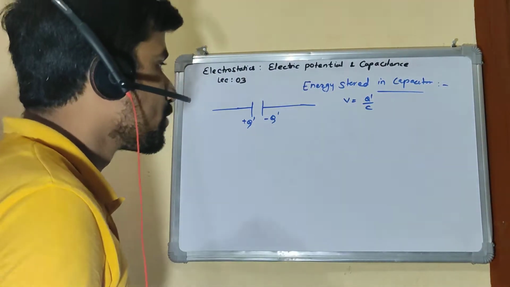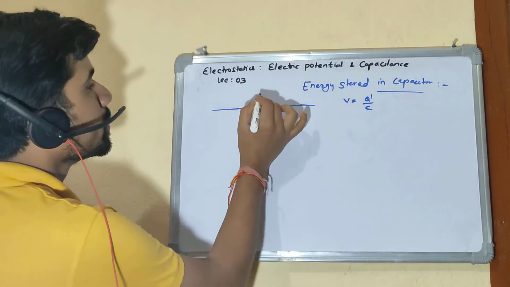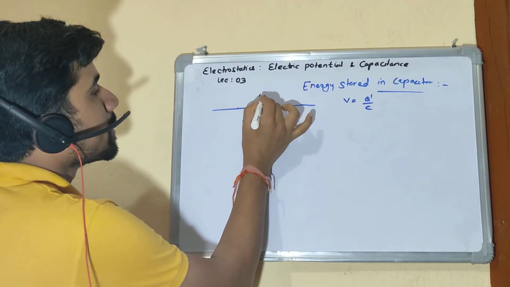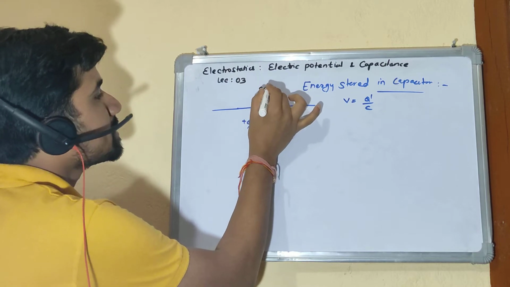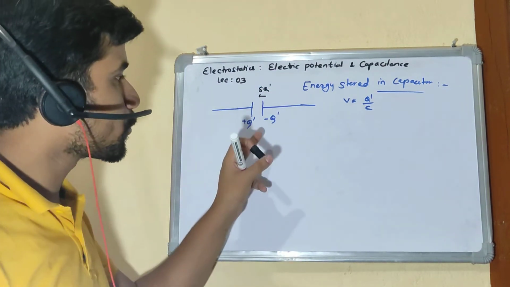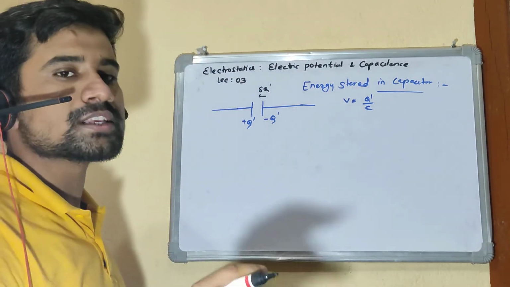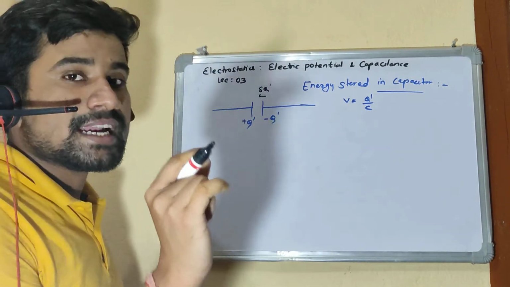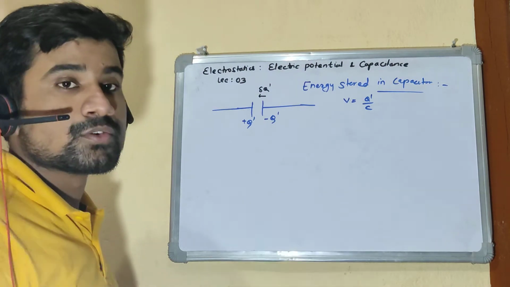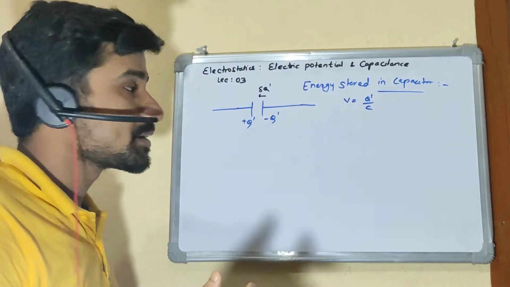Now what I want to do is transfer some delta q charge, let's say delta q dash charge, from the negative to the positive plate, right?